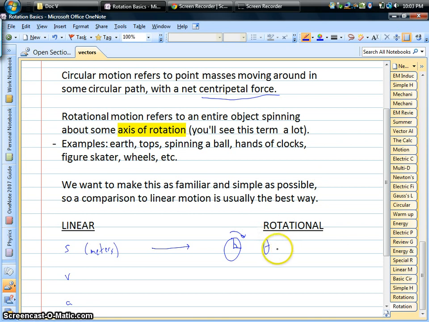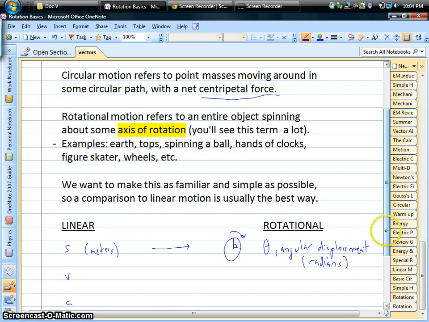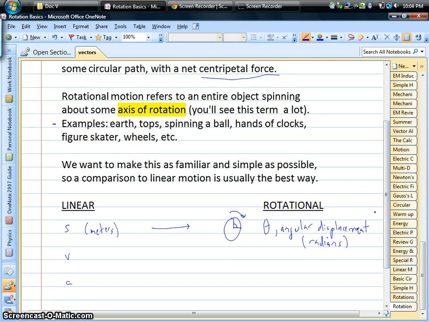We're going to call that theta, and the name of this is the angular displacement. So rather than how many meters you travel, this is how many radians you have actually rotated through.